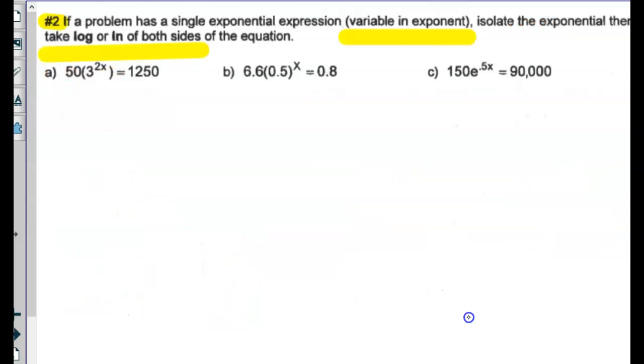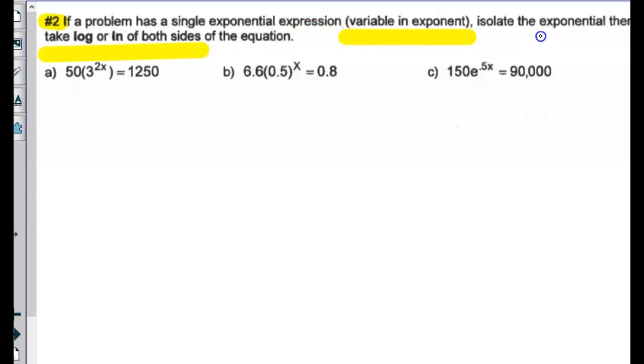Okay. Now, number 2 says, if a problem has a single exponential expression or a variable in the exponent, okay? So there's a variable in the exponent in one place. Isolate that exponential term, then take the log of both sides, and it doesn't matter whether you do the common log or the natural log, as long as you do the same one on both sides.